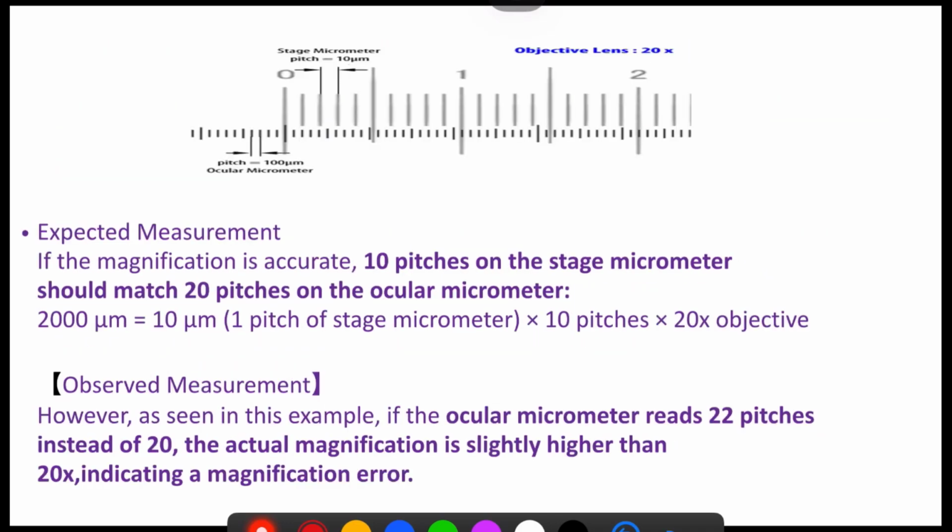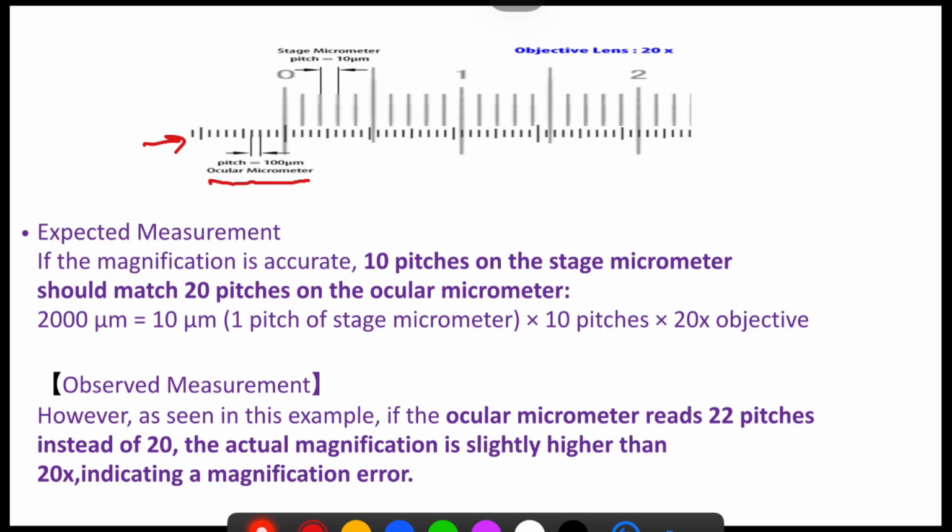Under the 20x objective, if we see, this is the ocular micrometer, and this is 100 micrometers per division. And under 20x, the stage micrometer pitch has a 10 micrometer size.